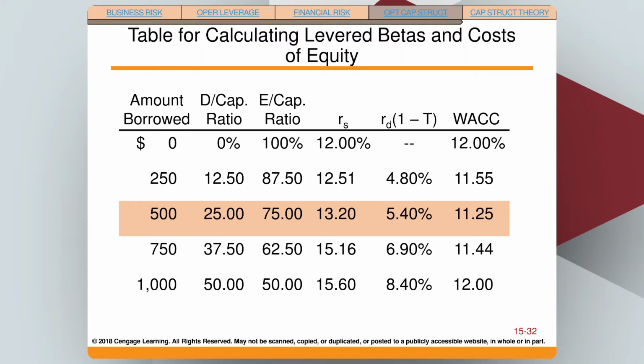How do we compute that? As before, we compute the Hamada equation for the beta, and after that we compute in terms of our risk-free rate. These are our formulas for computing beta, and also the Hamada equation for the beta of unleveraged and beta of leveraged.